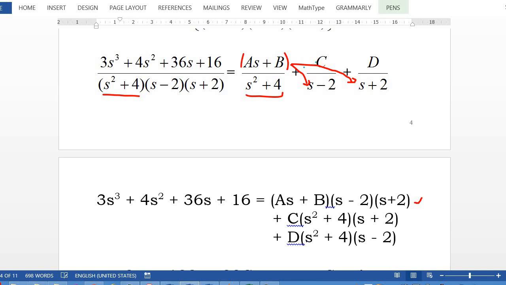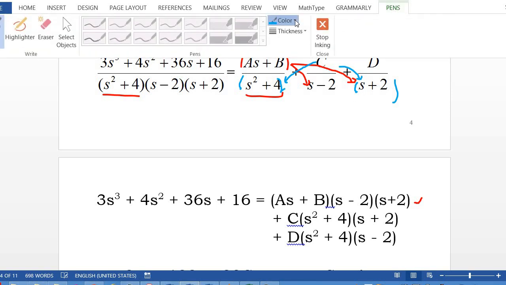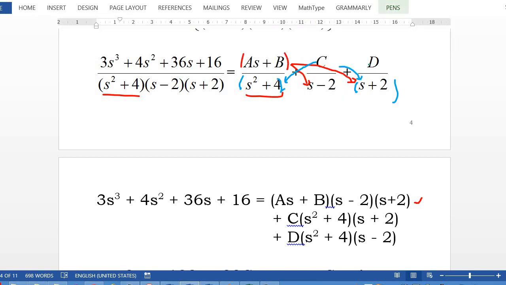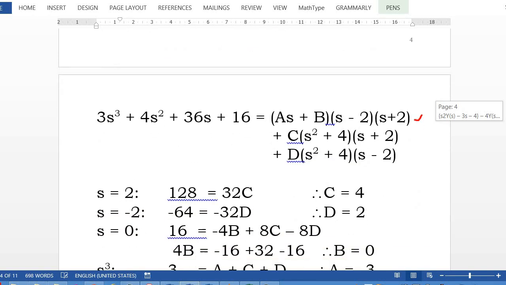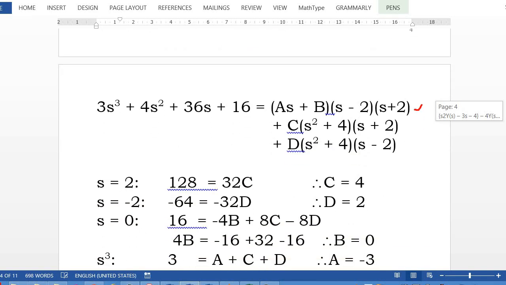C here, with an extra bracket, C times s squared plus 4 times s plus 2. D multiplies s squared plus 4 and s minus 2. After that, we compare the numerator and the right hand side.